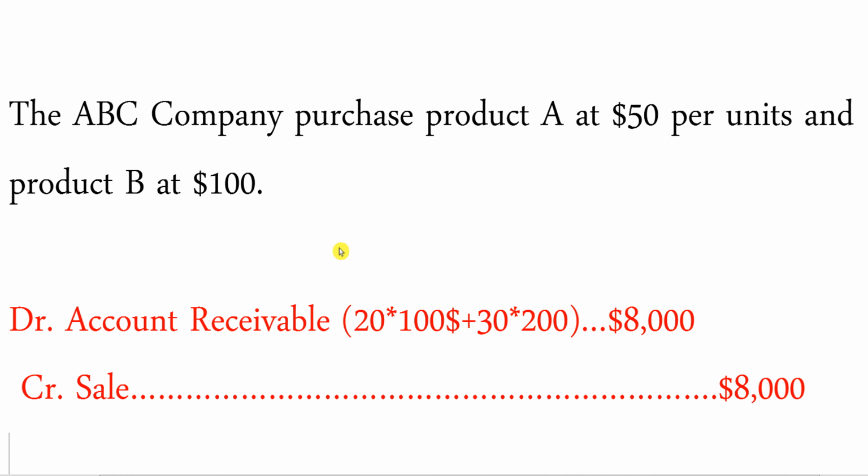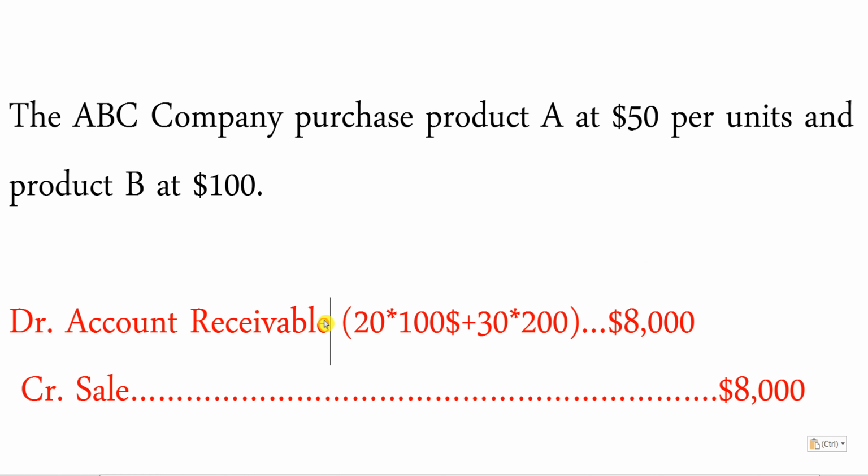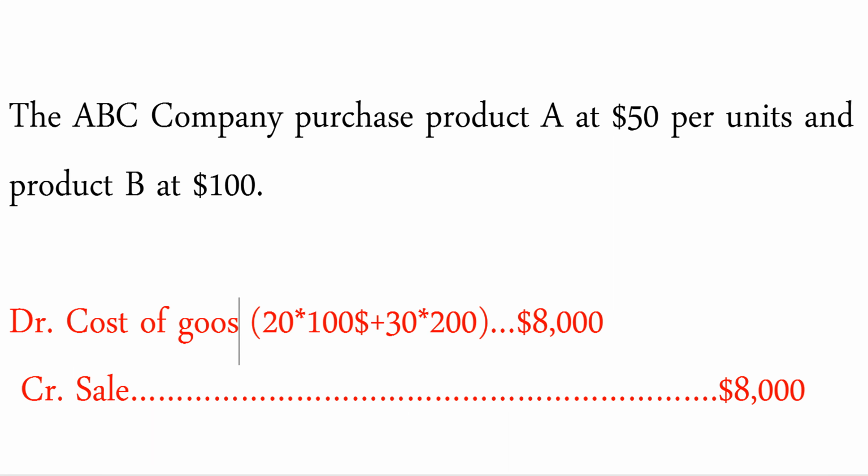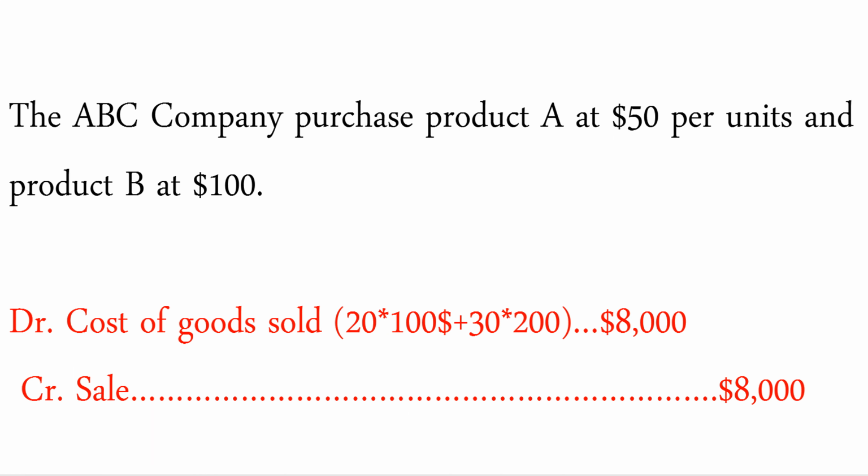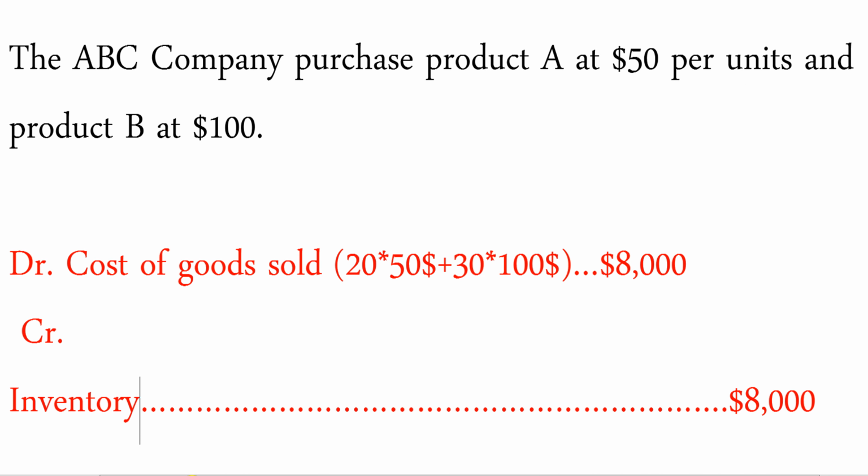We recognize cost of goods sold as a debit: we sold 20 units, and product A costs 50 and product B costs 100. And credit inventory, a decrease.